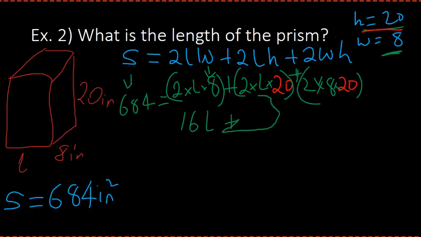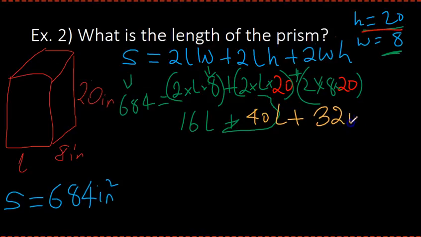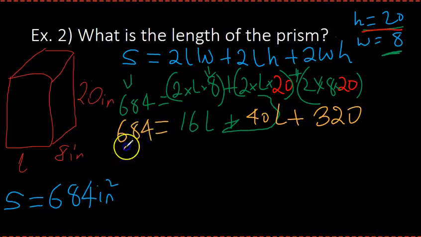I'm going to change the color. It's 40L plus 2 times 8 times 20, all those are numbers. So that gives us 320, equal to 684. We bring it down.